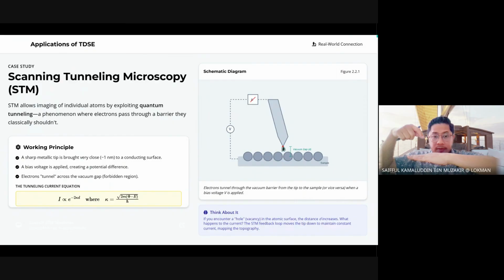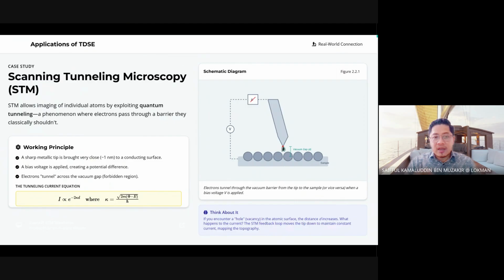The current from the tip tries to go through the sample, but it cannot because the barrier is very big. But in quantum mechanics, the electron is a wave function, and the wave could penetrate through the barrier, even though the current is extremely small.